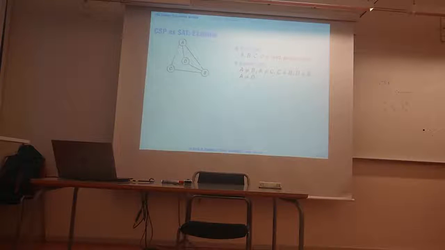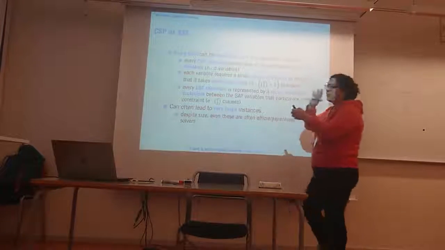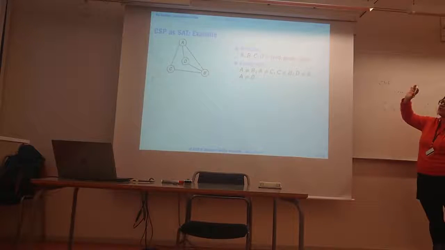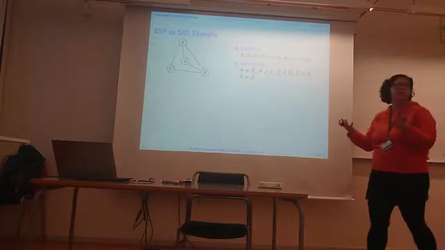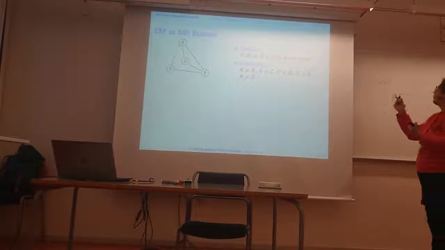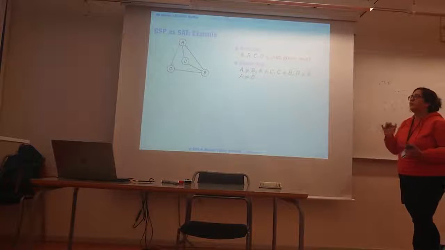This is n times d, which is quite intuitive actually. At the end of the story we want to predicate over Boolean variables. We want to assign which variable has which color, but we have to represent it in Boolean variables. We have to represent variables such that the domain could be true and false.